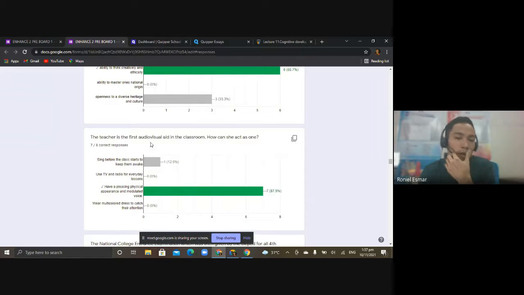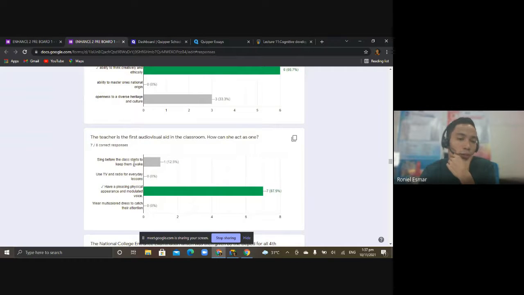At the same time, he or she should be a role model, considering we're also making use of the term visual. He or she should be the kind of teacher that would appeal to the students' sense of sight in a good way. Not just someone who only talks, because audiovisual aid man siya in the classroom.